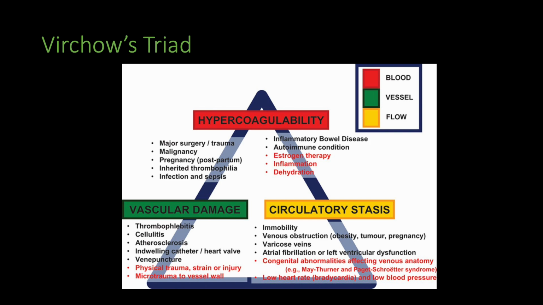In terms of vascular damage, you can see here vascular damage could be dealing with some other types of disease states, cellulitis or thrombophlebitis or an indwelling catheter or something to do with the heart valve. So some other parts dealing with the vascular part in the body might lead to a DVT or VTE as well.